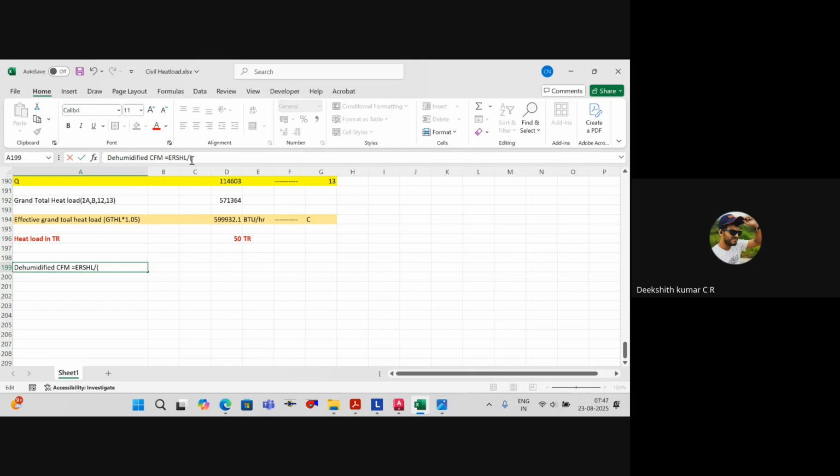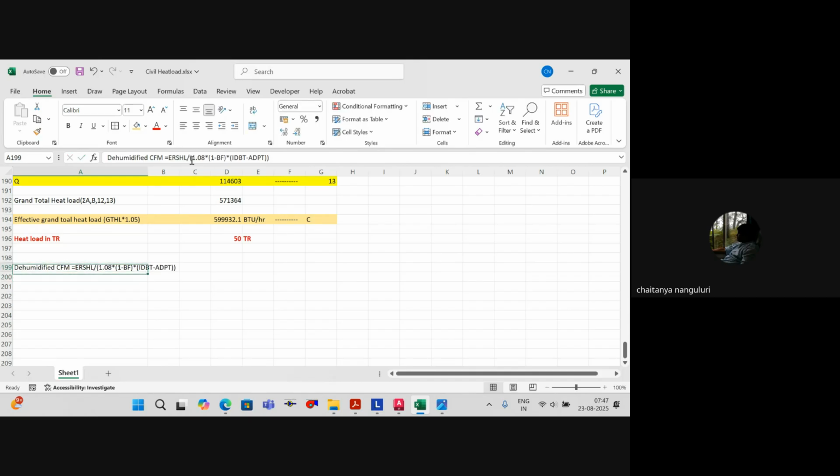Effective room sensible heat divided by 1.08 into (1 minus BF) into (indoor dry bulb temperature minus apparatus dew point temperature). Right? So this is the formula that we have to use.